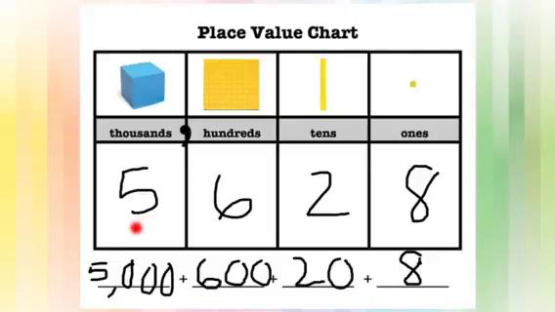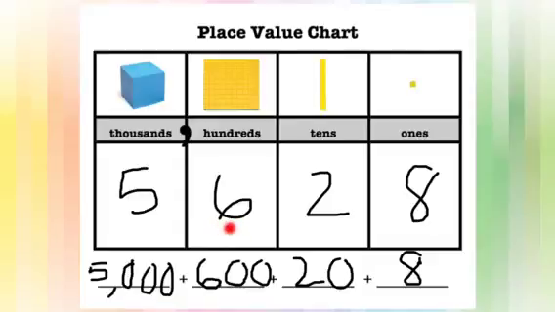Whatever the digit is, you count the places after the digit. So here's this 5, and then I have 1, 2, 3 places to the right after it. So when I'm finding the value, I put the digit, and then whatever places there are to the right, I add those in zeros. There were 3 places to the right, so I have 3 zeros. Same with the 6.